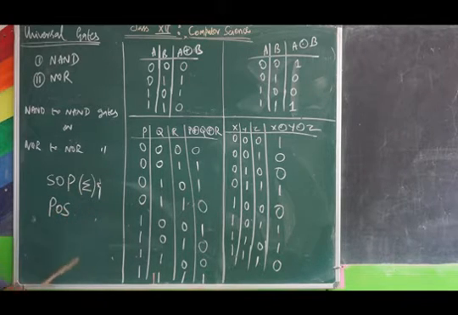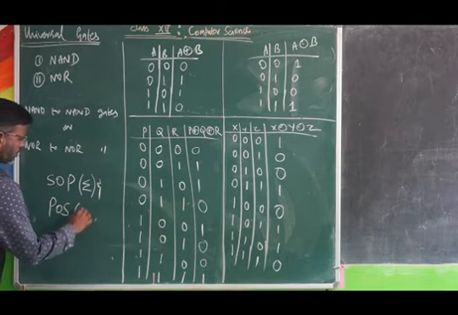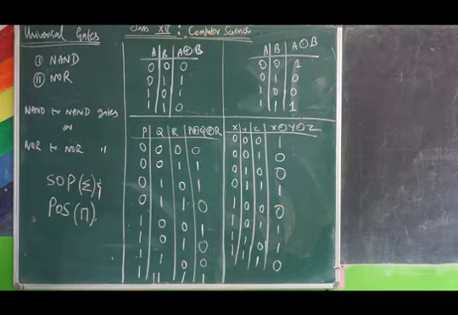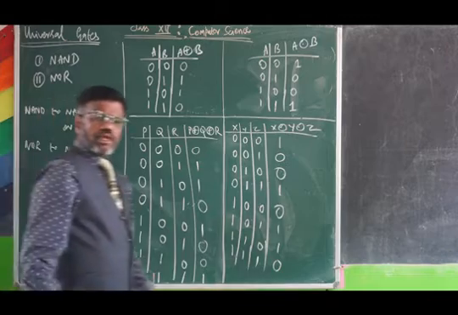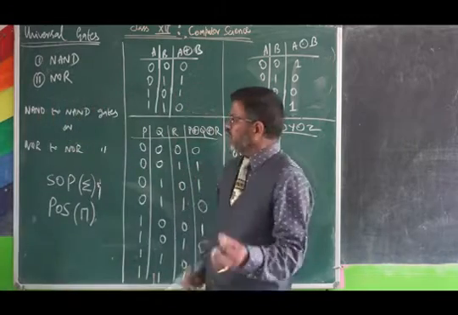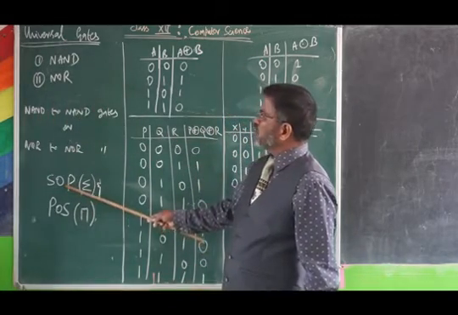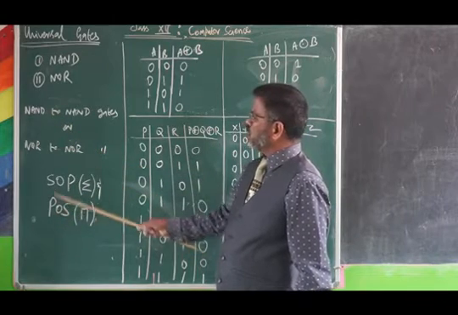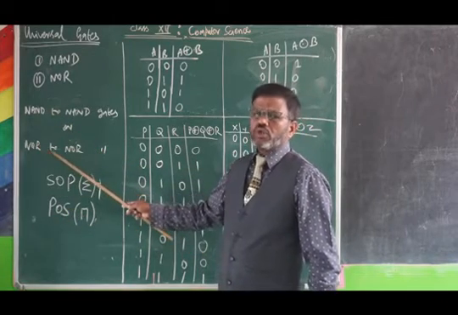POS is denoted by an operator which is pi-like. So we will be using SOP and POS. SOP will be used for NAND to NAND gate and POS will be used for NOR to NOR gate.